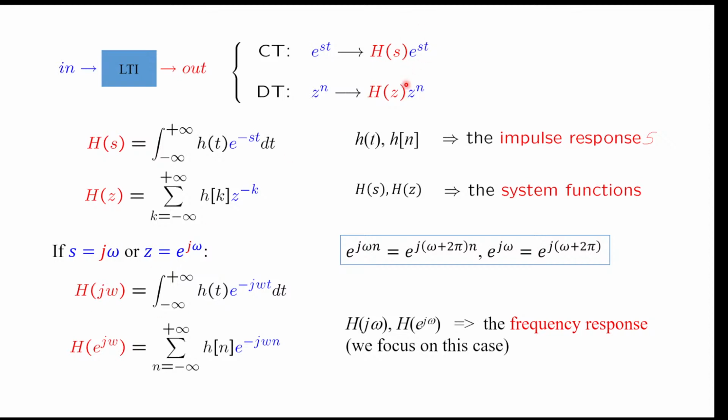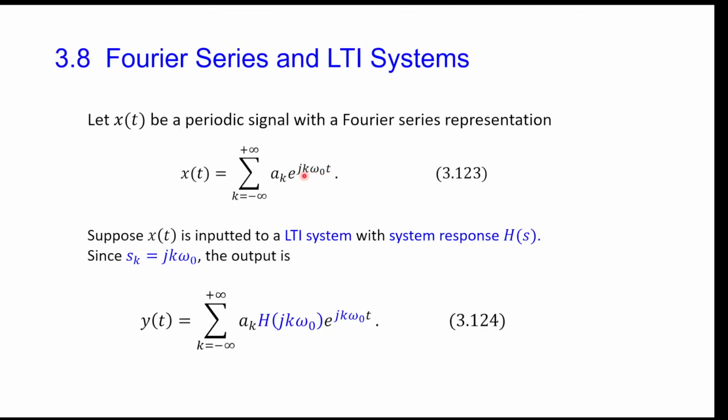If we think of jk omega naught as our s sub k, because it's indexed by k, then our output should be the same linear combination because the system is linear. And because e to the jk omega naught t is an eigenfunction, it should just map to eigenvalue times eigenfunction, with the eigenvalue being H of s, with s equal to jk omega naught.